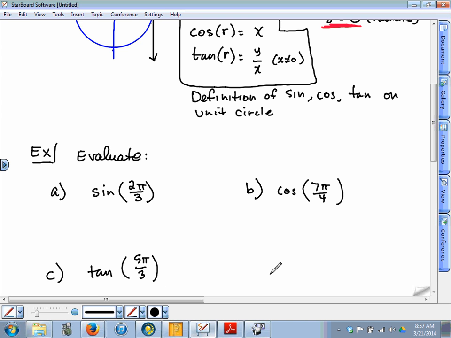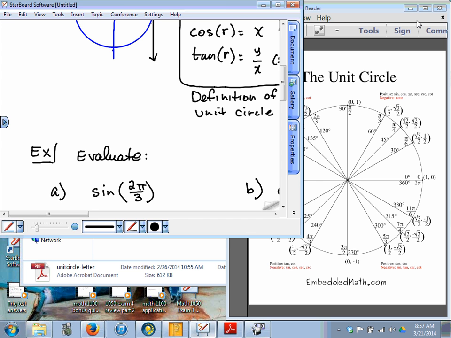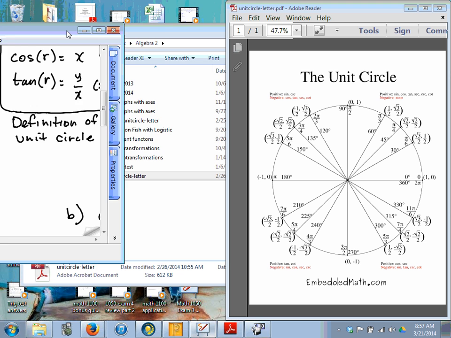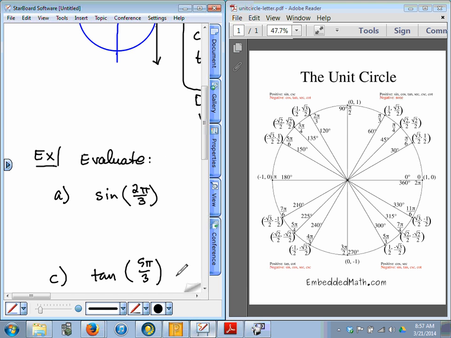These are now meant to be done using the unit circle. So I would recommend you print this off before starting this assignment.